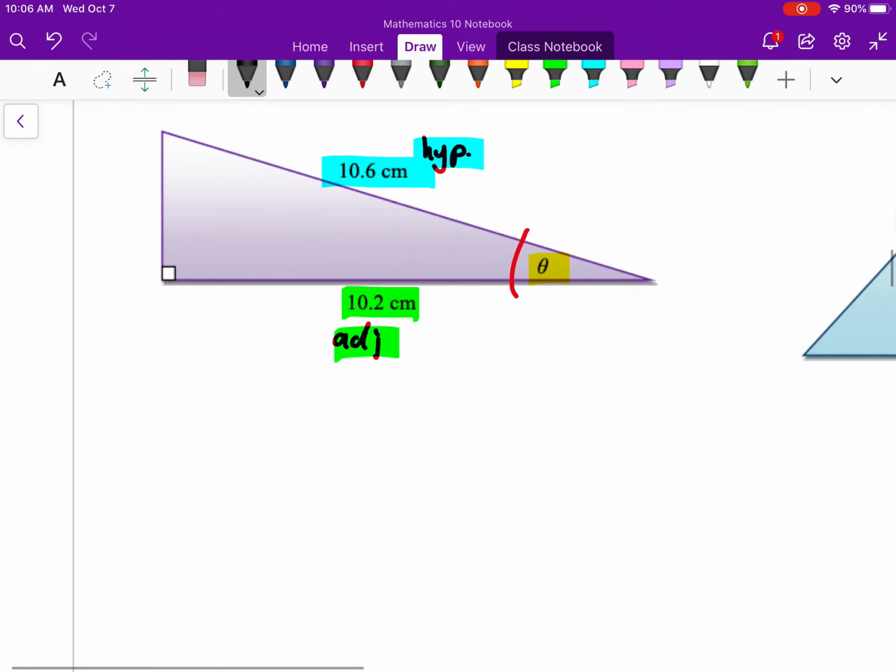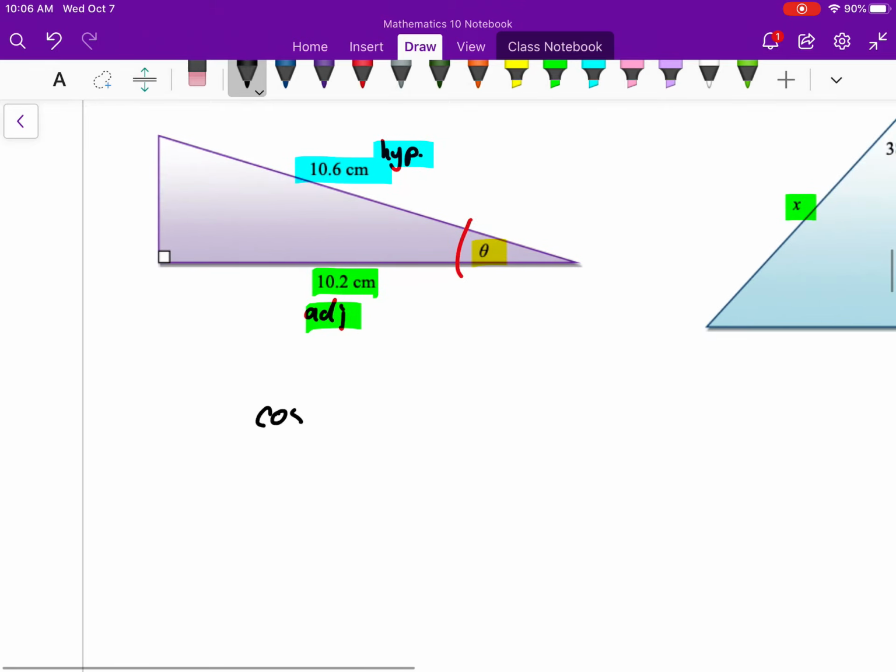So now I can set this up by writing the cosine of theta, I don't know what it is yet, equals adjacent over hypotenuse. So in this case, 10.2 divided by 10.6. And just like before, if I want to find an angle, I need to use the inverse function. I know what number comes out, I don't know what number goes in.